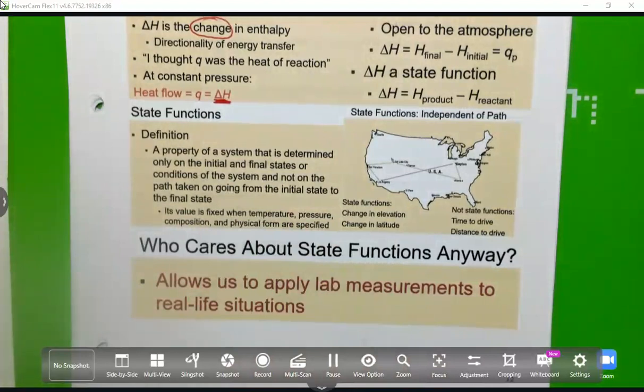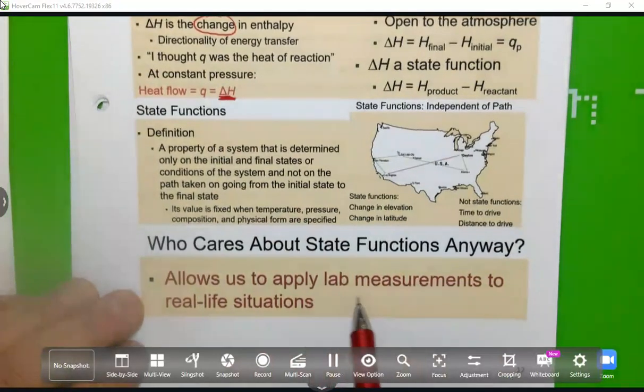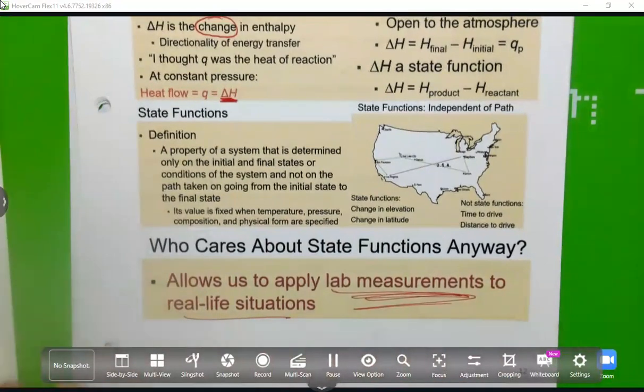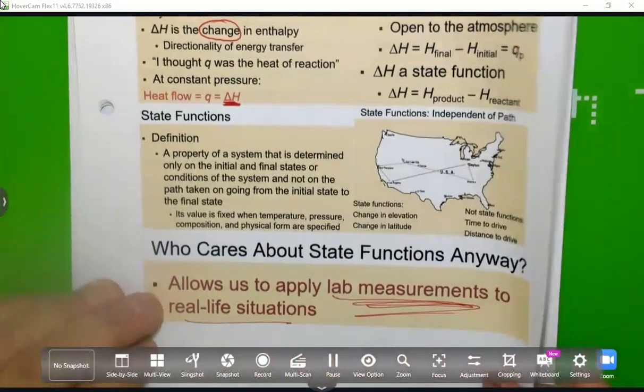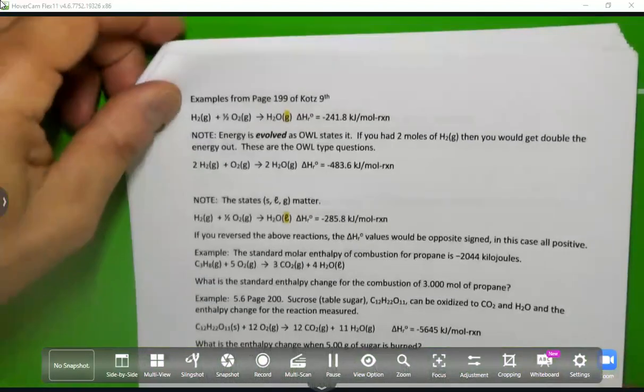It's called a state function. Then your book says, who cares about state functions anyway? So I put it in here. Well, what it allows us to do is apply lab measurements to real life situations. So we can measure heat in lab. All right, let's go to the next page.